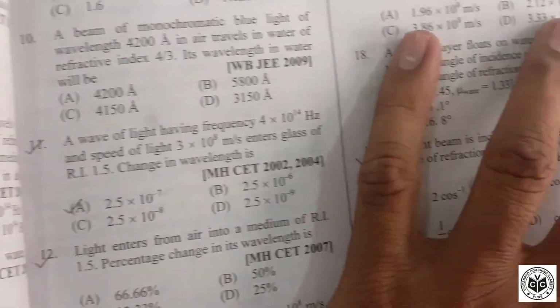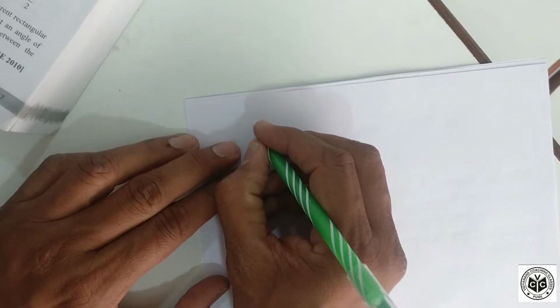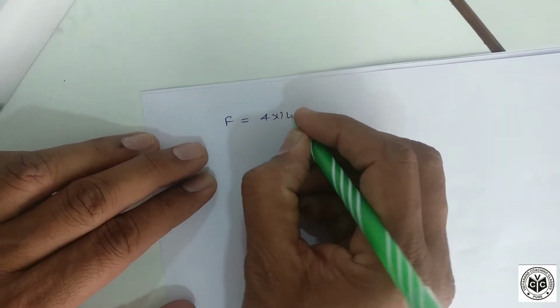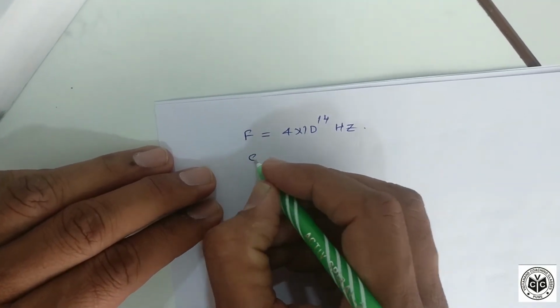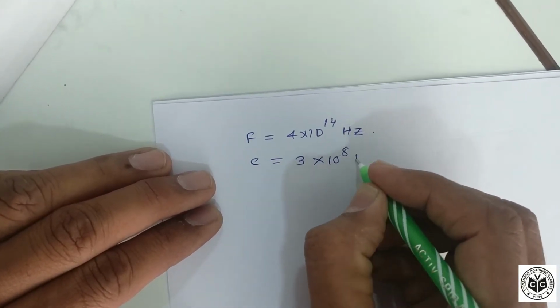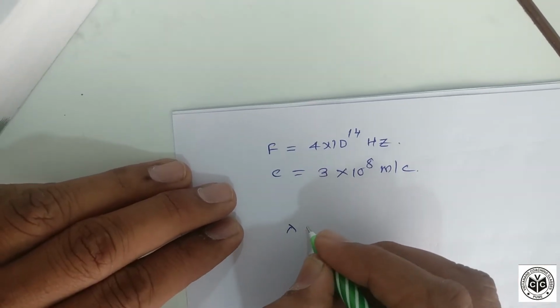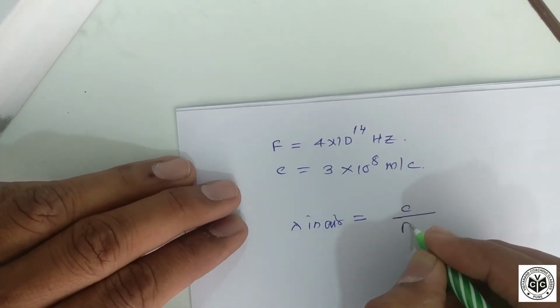See, here the thing given is the frequency of light in air. Frequency f is given as 4 into 10 raised to 14 Hertz, and speed is given as 3 into 10 raised to 8. So let's find out first, from the formula, lambda in air is equal to c upon f.